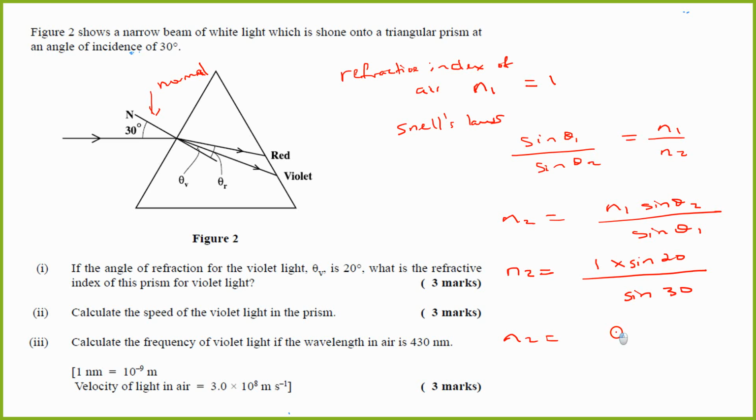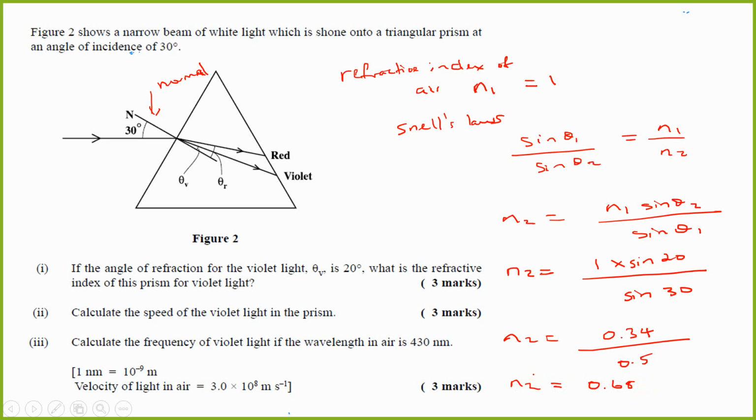Yeah, indeed. And then now we'll just divide that by sine 30, which is 0.5. So we have 0.34 divided by 0.5. So we're saying that n2 is going to have a refractive index of 0.68.